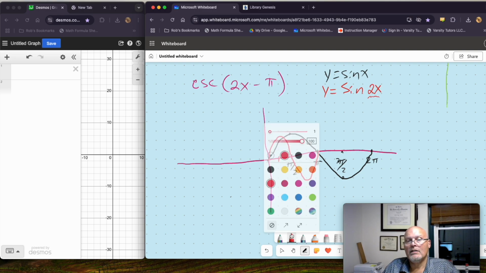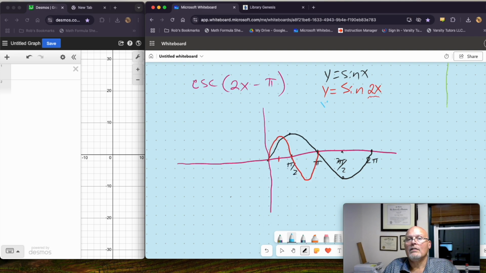And now let's look at y equals sine of x minus pi. What that's going to do is take everything and shift it so that at pi, pi minus pi would be 0. I'm essentially starting it here instead of here.